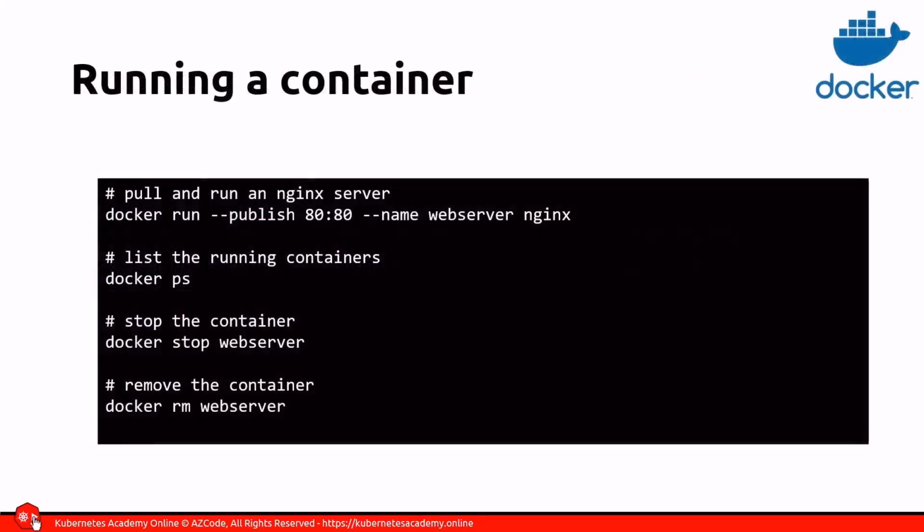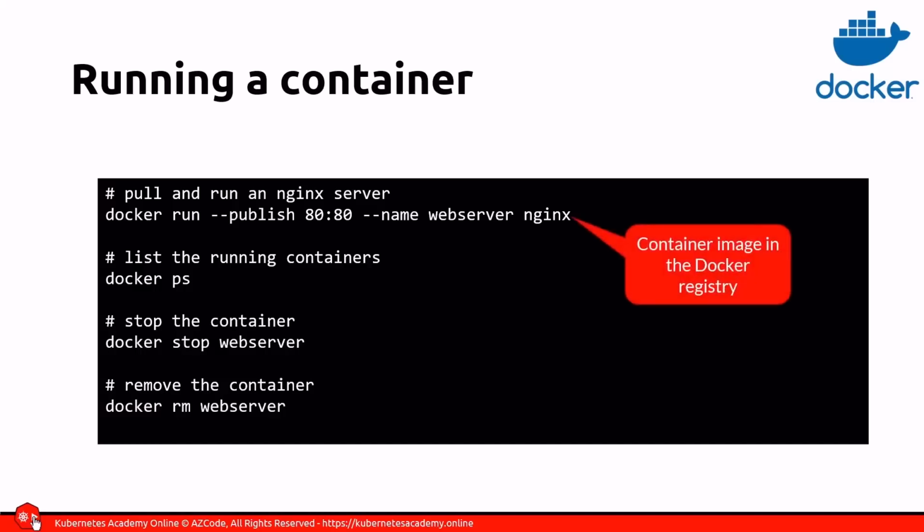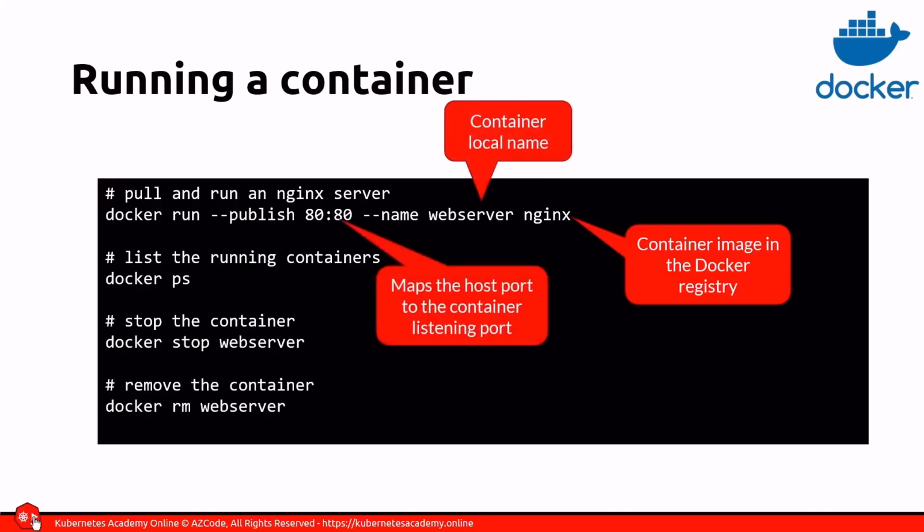So how do you run a container? Using the docker run command, you specify the image name as found in the container registry. You specify a name for the running instance. And with the publish flag, you map a port from your local host to the port that the container is listening to.